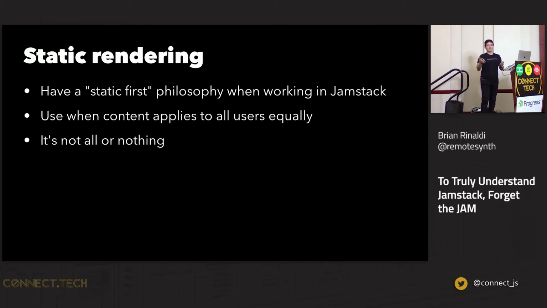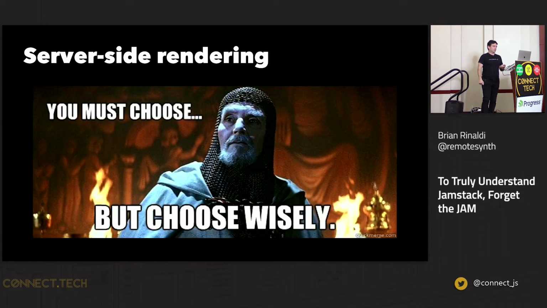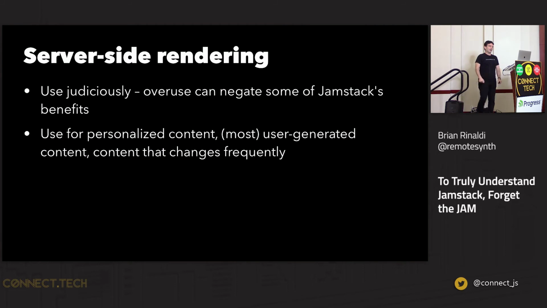The reason I say this is because that traditional SSR mental model is much easier than thinking about, okay, can I pre-render these pieces? It's easier to say, oh, I could just render every page for every request on the server. Simple. But then you give up a lot of the benefits of Jamstack, right? So server-side rendering, use it judiciously.